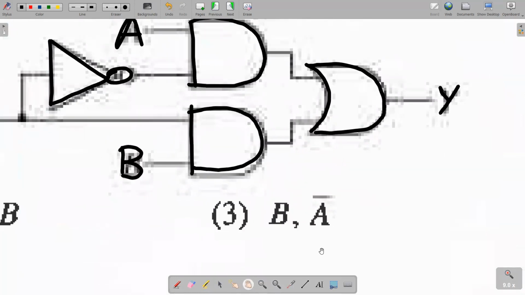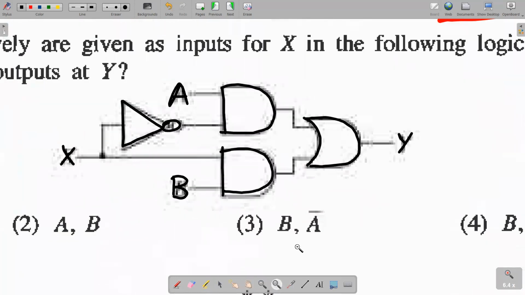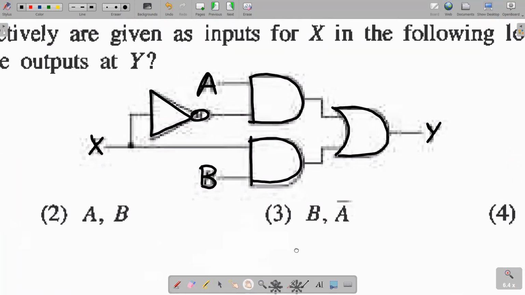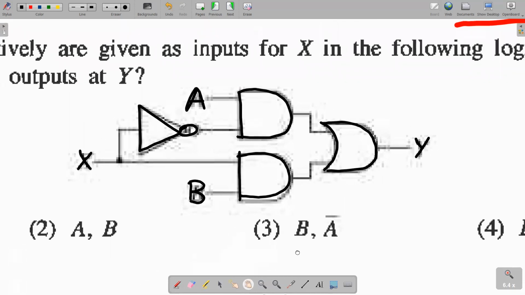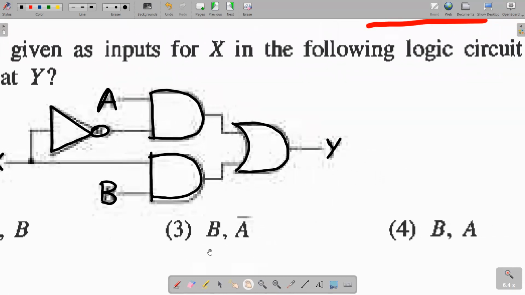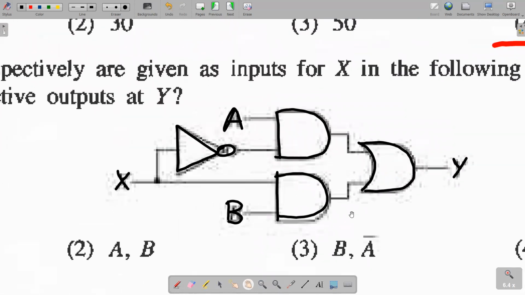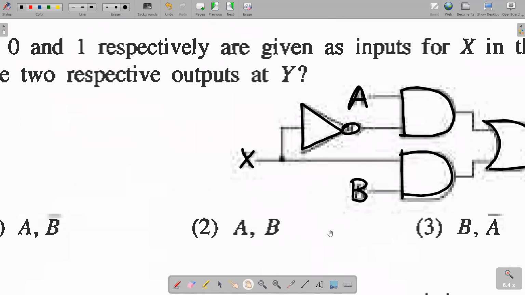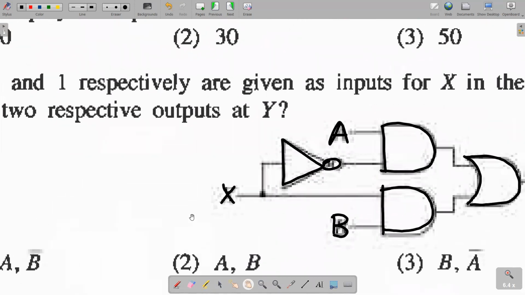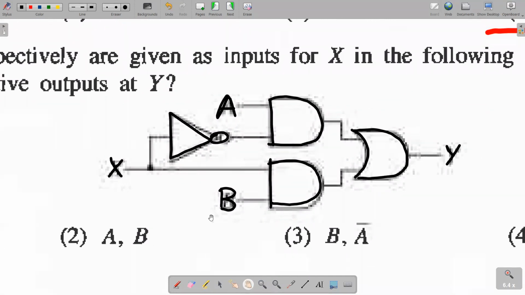Right now, we have to argue what will happen. First it's input 0, then it's input 1 as X. So first let's go with 0.